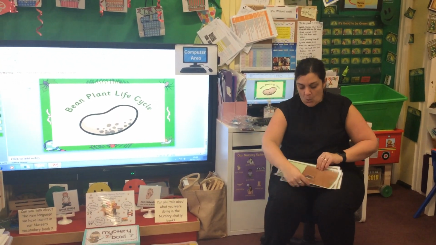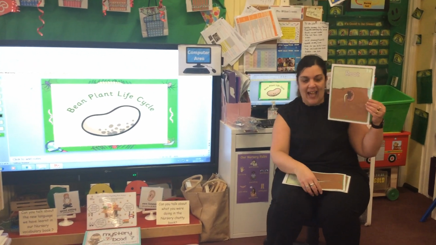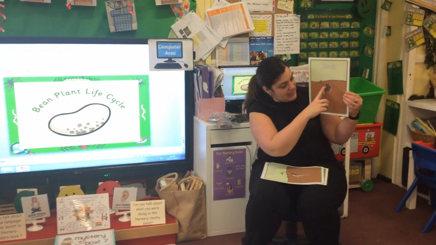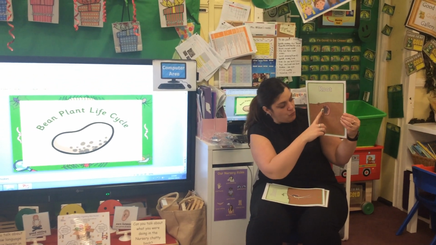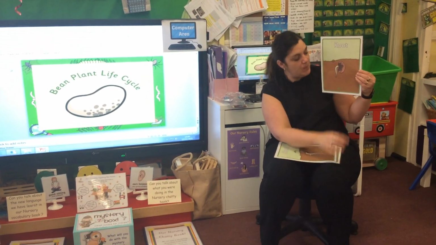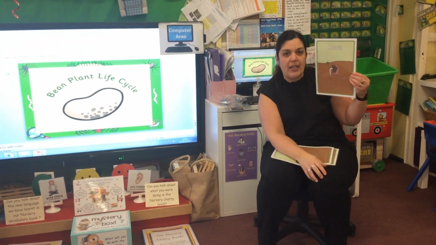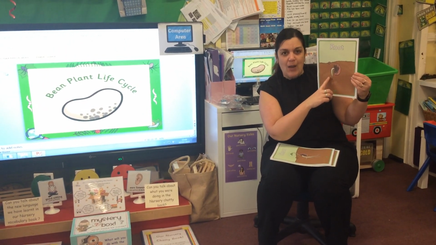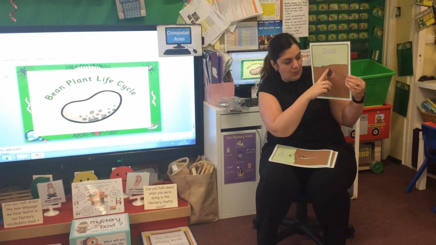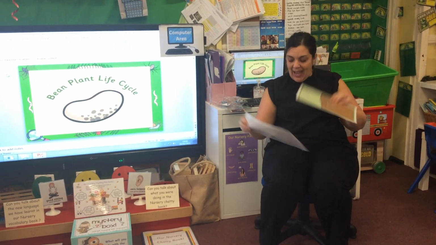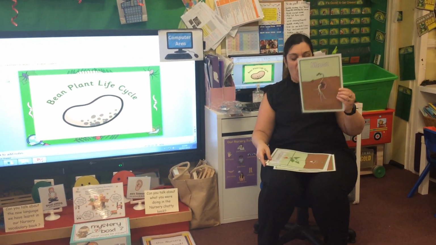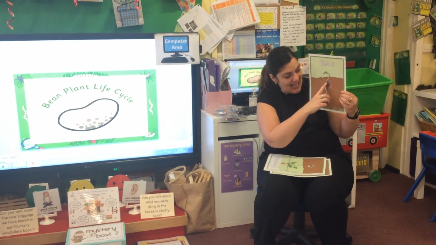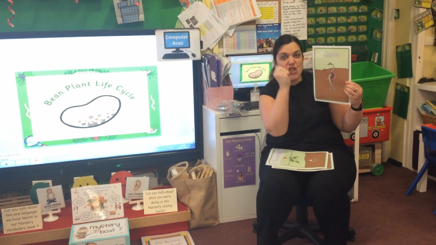And then, when it starts to grow, the first thing that happens, it begins to get a root. And a root is a bit like a straw, and it gives the bean a drink. And it sucks all of the moisture and water out of the soil, and then it helps it to grow. And after that point, it starts to get its very own shoot.